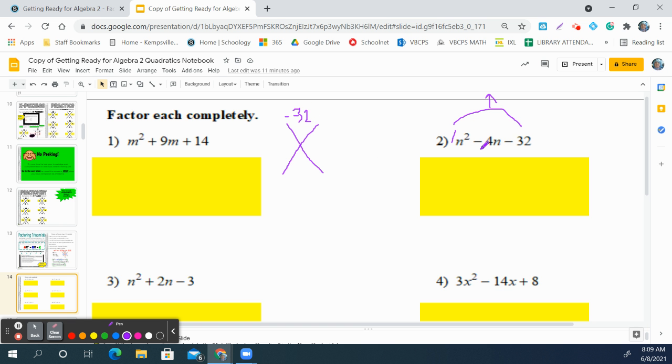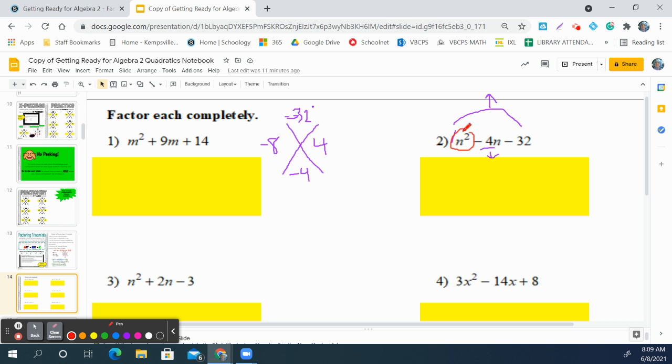And then what goes in the bottom? Negative 4. What can I multiply to get negative 32 and add up to get negative 4? Negative 8 and positive 4. So negative 8 times 4 is negative 32, and negative 8 plus 4 is negative 4.